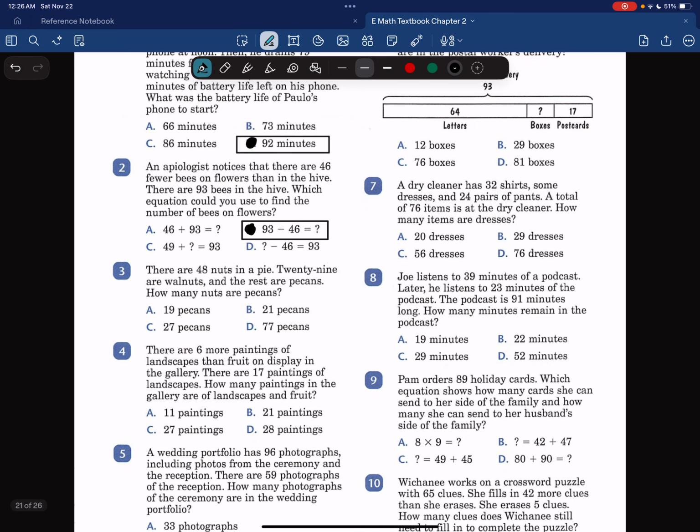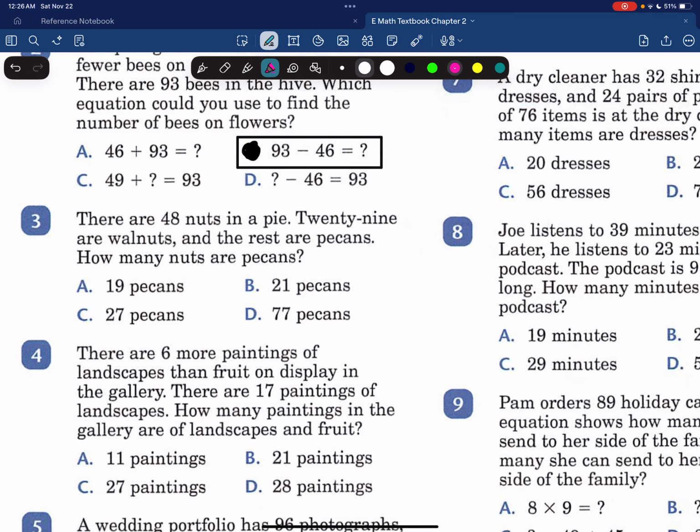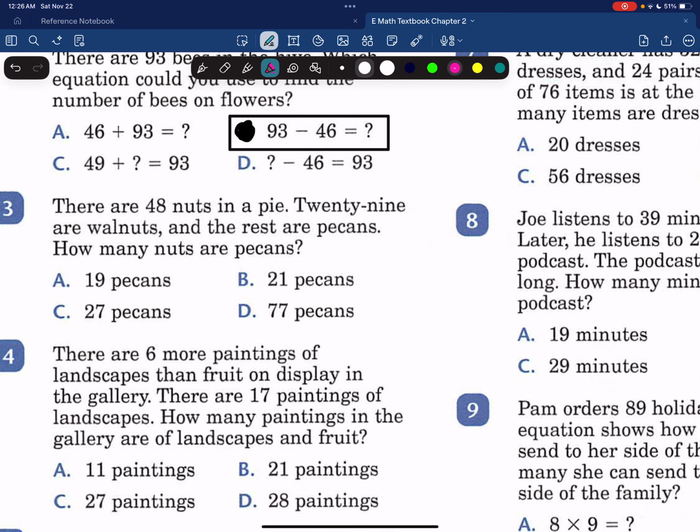All right, this one I think we can do without a model if we read it carefully. There are 48 nuts in a pie. 29 are walnuts and the rest are pecans. How many nuts are pecans?